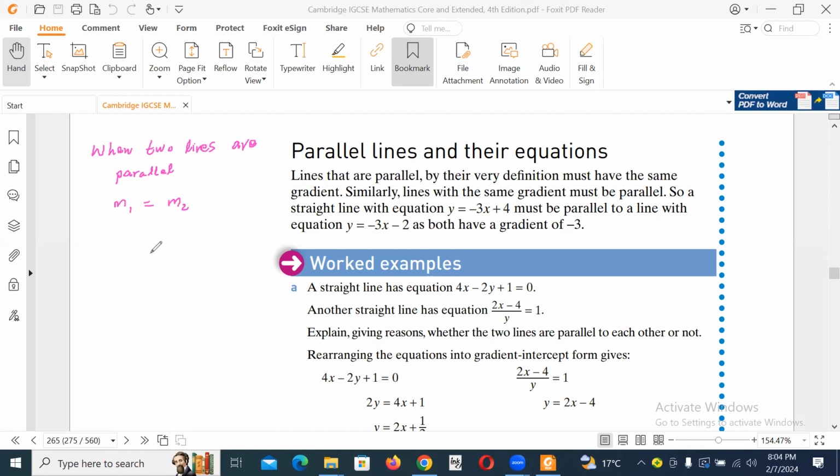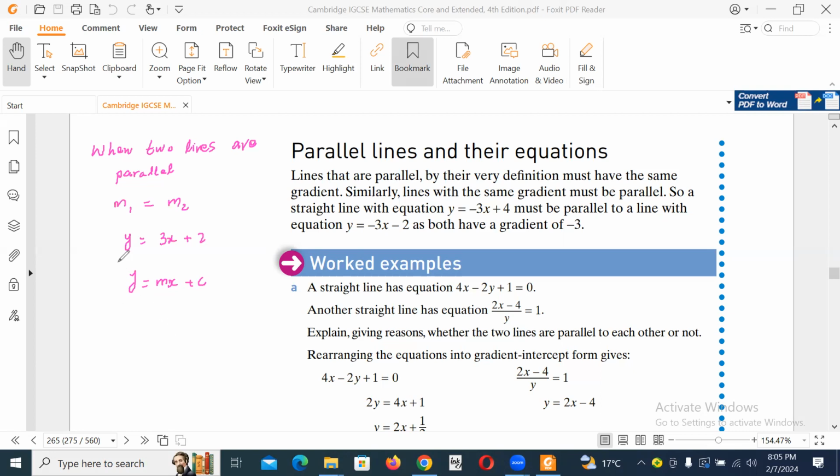So for example, if we have an equation y is equal to 3x plus 2, and we are looking for another parallel line, in general we say y is equal to mx plus c. So c can be different. C is the y-intercept point.